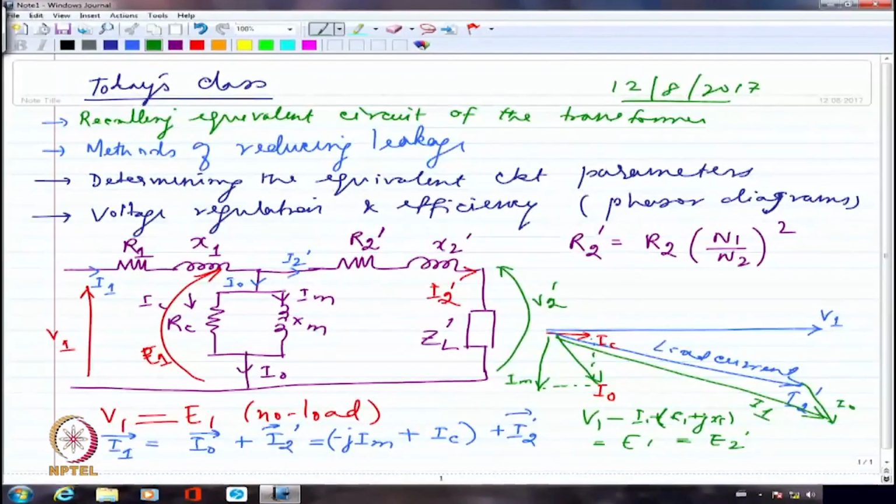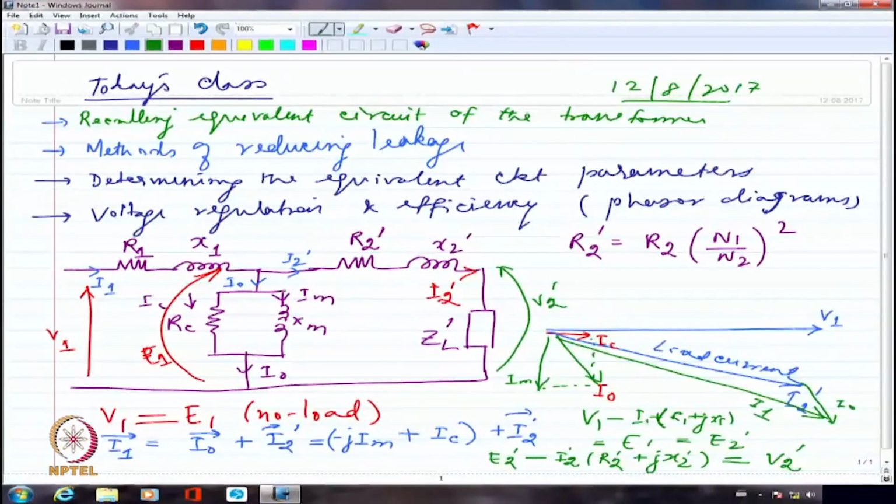But I should also write E2 dash minus I2 dash multiplied by (R2 dash plus jX2 dash) is equal to V2 dash. Are you getting my point? So there are two voltage drops clearly. We are considering mainly the series portion because that is where the voltage is dropped.